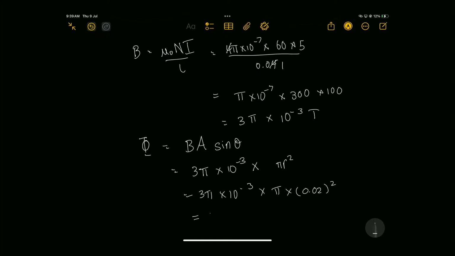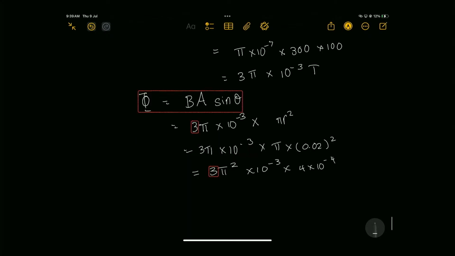So this would be equal to 3 pi squared by 10 to the minus 3 multiplied by 4 by 10 to the negative 4. So now this would just be 1.2 pi squared multiplied by 10 to the negative 6 Webers.